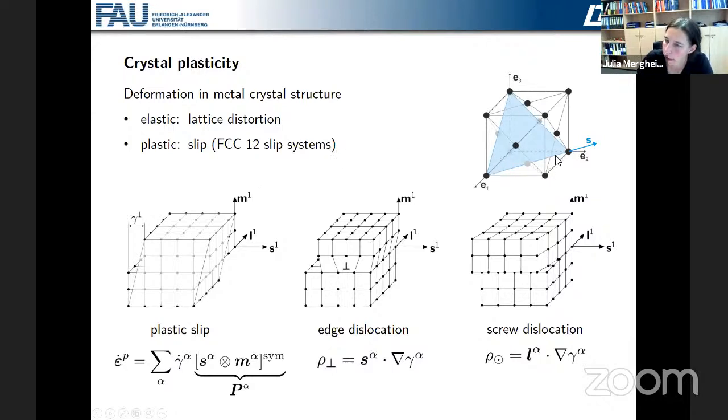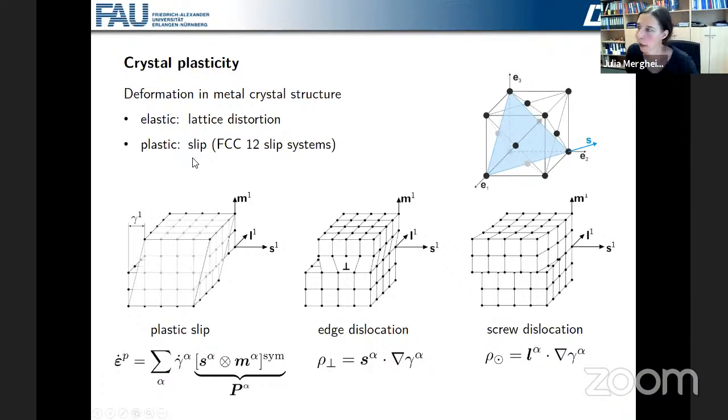One of the slip planes is indicated here in blue, and the slip direction is this vector s here. And there are 12 different vectors s that we can introduce here, which govern the plastic slips within this FCC crystal structure. And that is used in crystal plasticity.